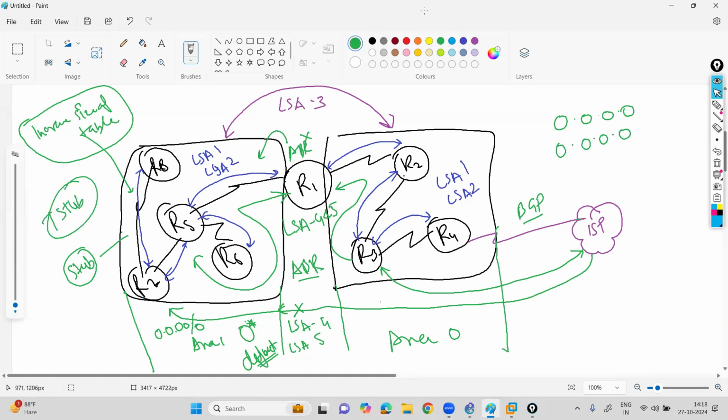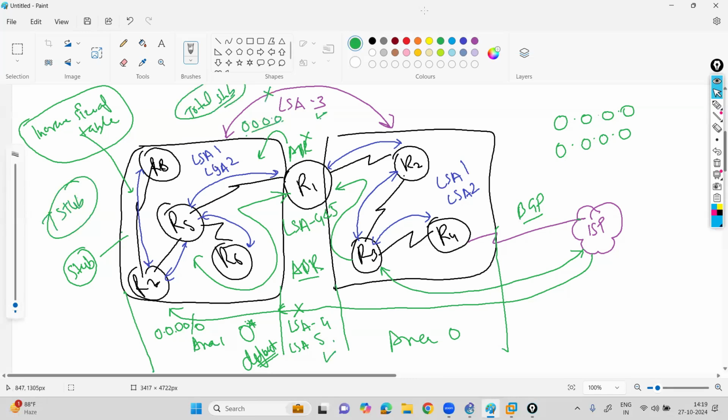We can see that along with LSA type 4 and 5, LSA type 3 will be forwarded, right? And it will also increase the table over here. So what we will do in this type of scenario, we will do the total stub. The totally stub area will also block the LSA type 3 and will convert these to default route.